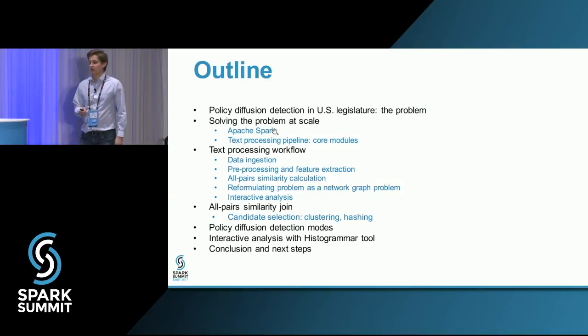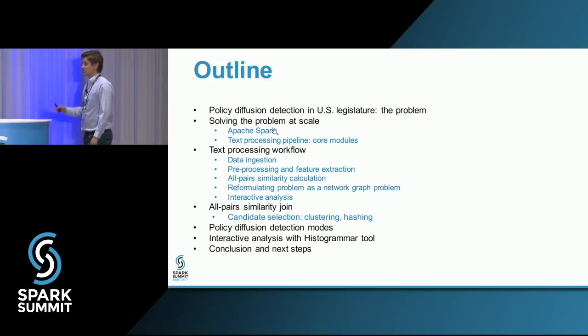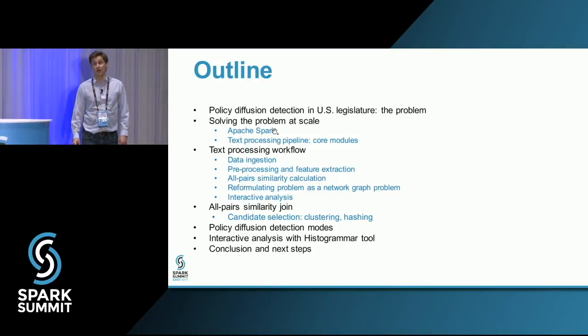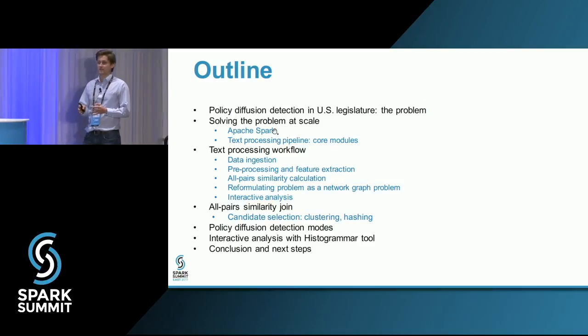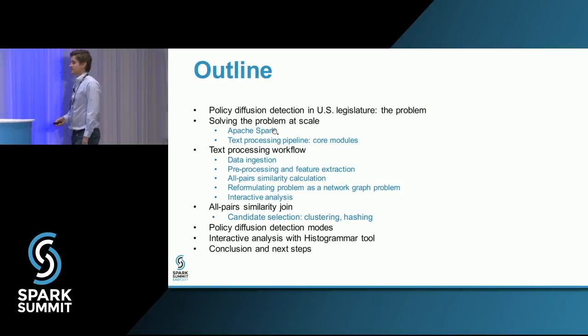Mostly I will focus on the all-pair similarity, which is the most challenging part. In the last one-third of the talk, I will discuss the interactive analysis with the histogrammer tool, which we introduce, as well as the GraphFrames for the graph processing part.